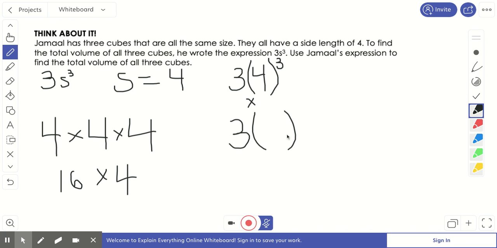So in this space, I can write 64 to show that now I'm going to multiply 64 times 3 to get my final answer. All right, 64 times 3, that's a pretty big equation. If you had to use a calculator for that, that's totally fine with me. 64 times 3 is 192.